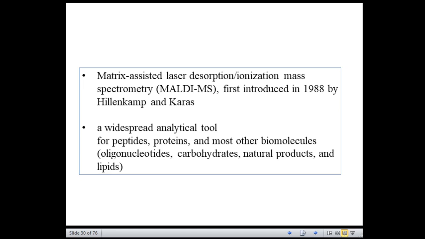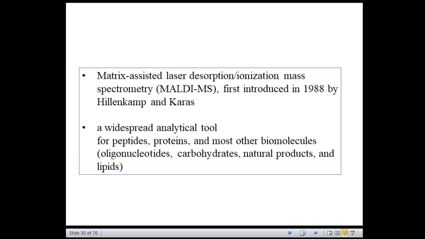The matrix compound is usually a UV absorbing weak organic acid. So once it is irradiated with the laser, the mixture results in vaporization of the matrix, which carries the analyte within it.